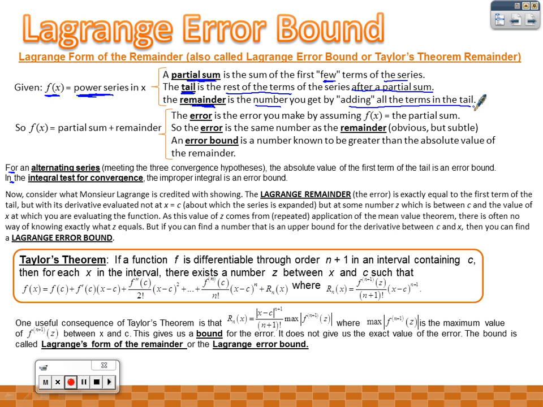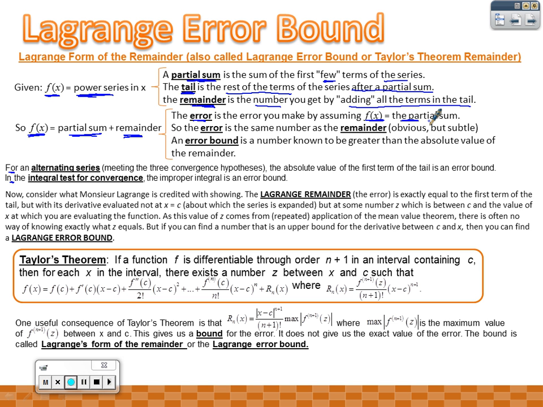So let's look at this next scenario. We have our function. It's equal to the partial sum, which we just defined what that meant, plus the remainder, which is the tail, the value of the tail, or the error. So the error is the error you make by assuming that the function is equal to the partial sum.